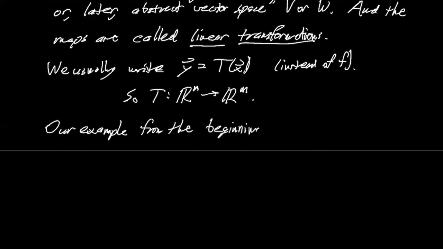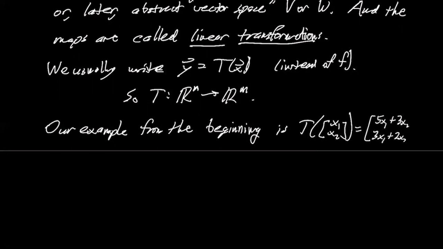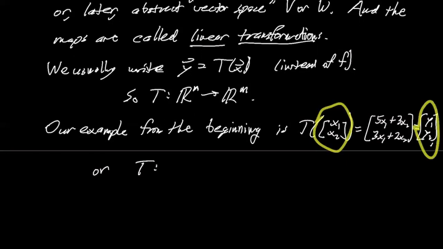Okay, so back to our example from the beginning, just to finish this off, before I took this long diversion into all this terminology. It was T of (x1, x2). That vector is the vector (5x1 + 3x2, 3x1 + 2x2). We call that (y1, y2). Notice the inputs are two-dimensional vectors and the outputs are two-dimensional vectors.